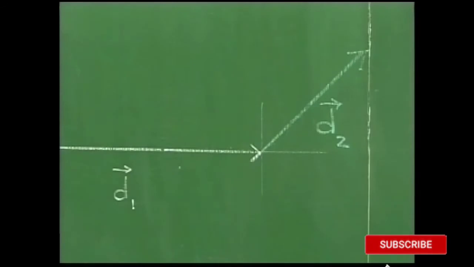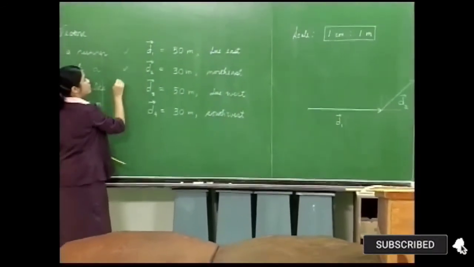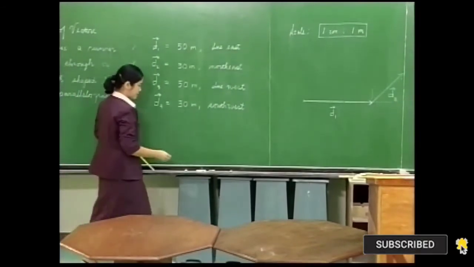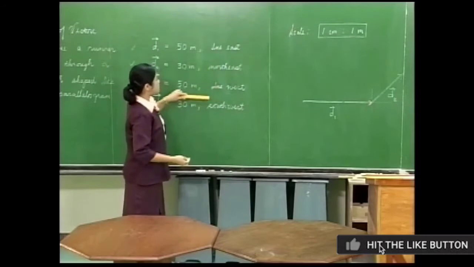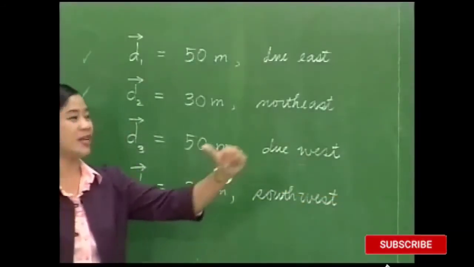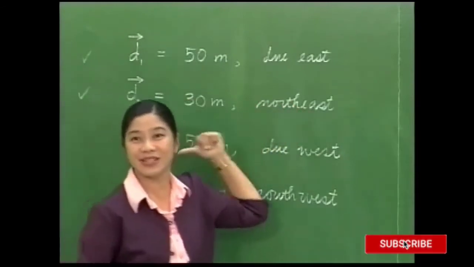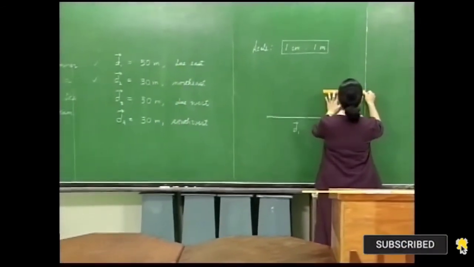Next, so we have done D1, we have done D2. Now we look at D3. For D3, it should be 50 meters now due west. So it will now be in the westward direction, and 50 centimeters.